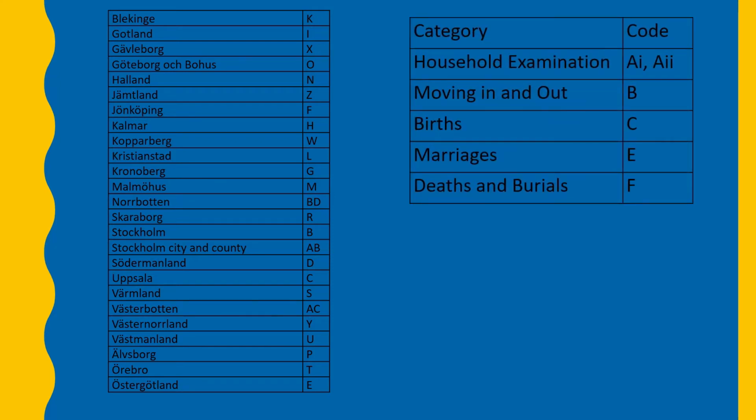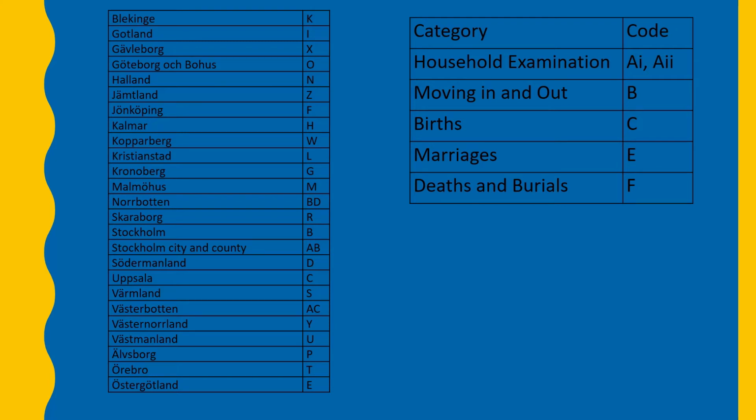There are also codes for the different types of books. For example, we've got the household examinations. Their code is AI or AII, births are C, and deaths and burials are F, and that is consistent over all different websites.